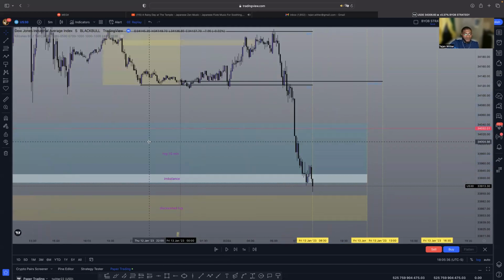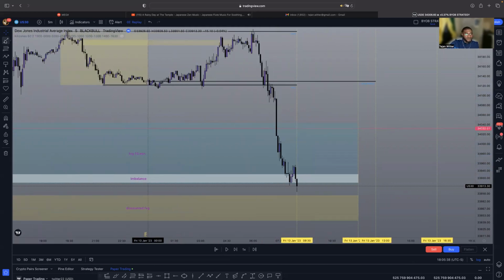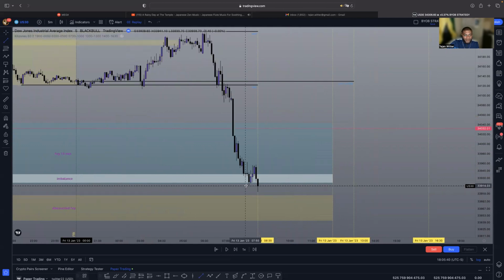All right, so right now on the 5-minute, we already have a short-term low and a short-term high. Let me highlight the short-term high. And we're gonna highlight the 8:30 open as well.